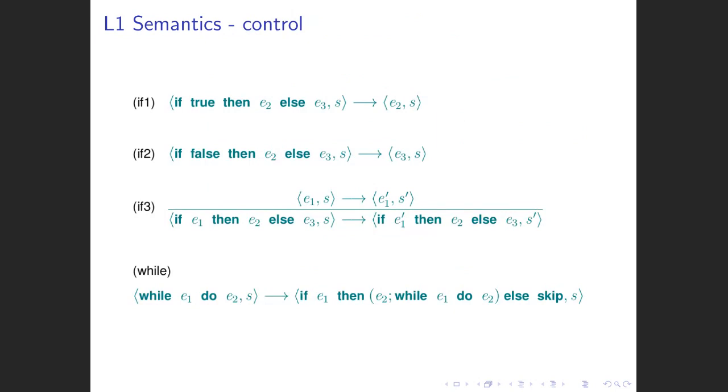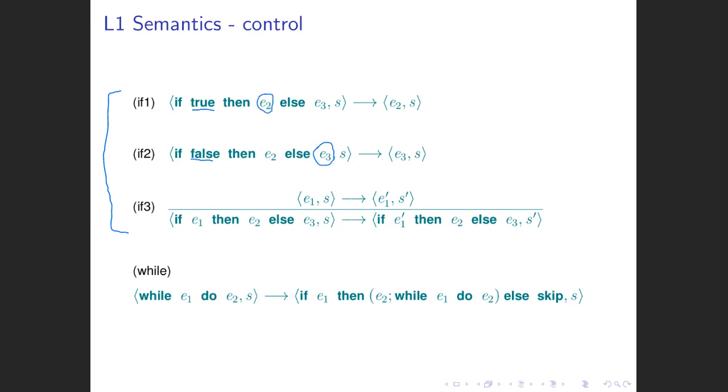All right, then we've got finally some rules for control in the language. So these rules go together. This is describing the semantics of if. So base cases, if true and if false, simply say that you're going to pick out one of the other two expressions, right?